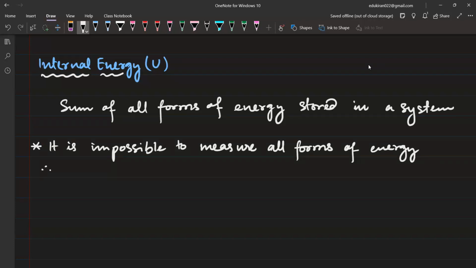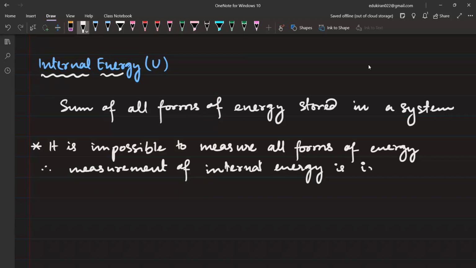Therefore, measurement of internal energy is impossible.